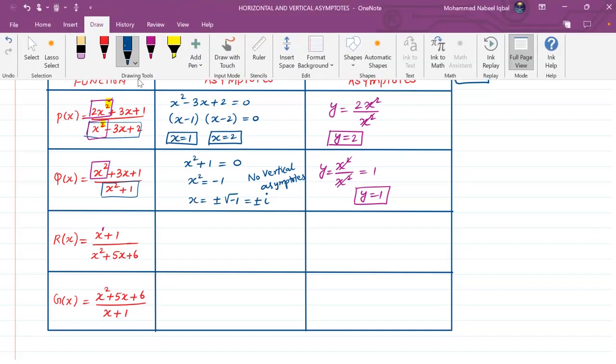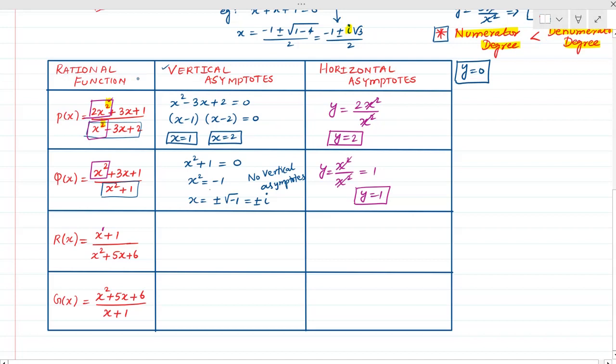First of all, we will calculate the vertical asymptote. In order to calculate the vertical asymptote, I have to solve the denominator. X square plus 5x plus 6 is equal to 0. Upon factoring, x plus 2 times x plus 3 is equal to 0. So x equals minus 2 and x equals minus 3.